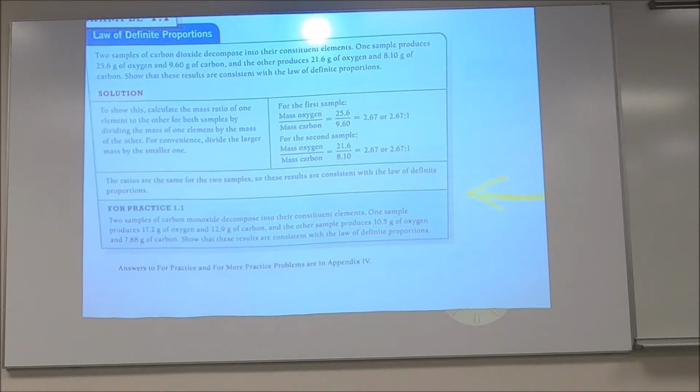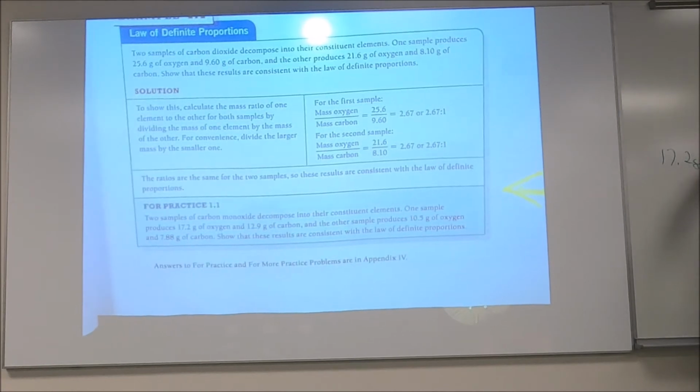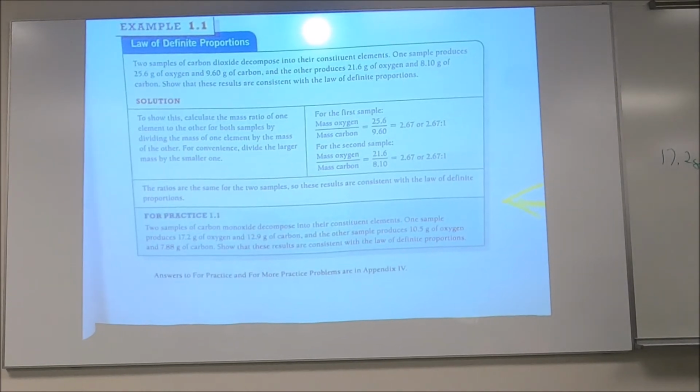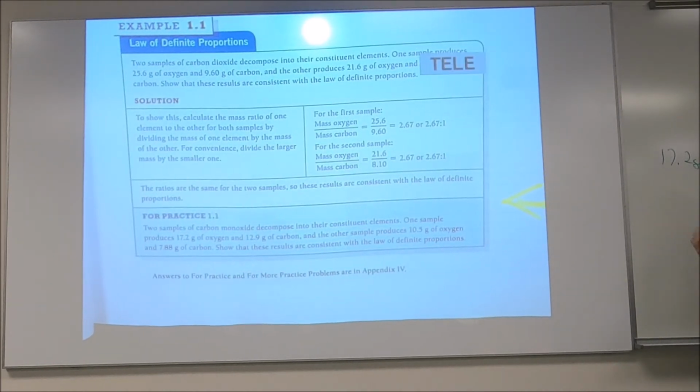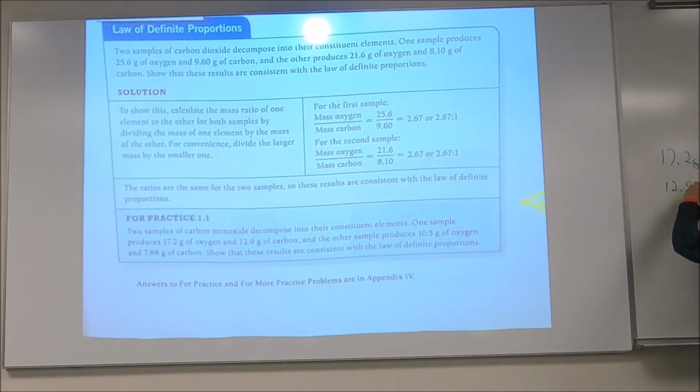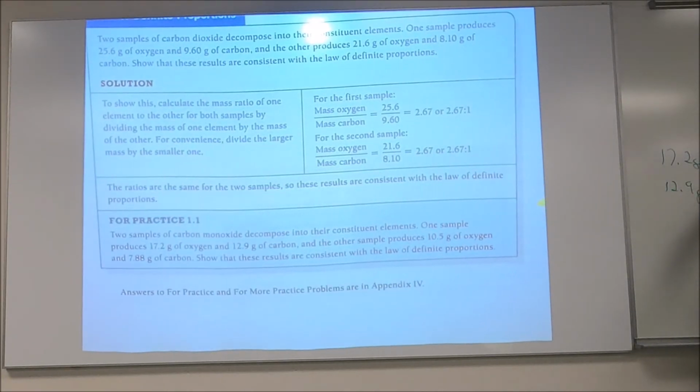It says 2 samples of carbon monoxide decompose into their constituent elements. One sample produces 17.2 grams of oxygen. So I'm going to write that, 17.2 grams of oxygen, and 12.9 grams of carbon.